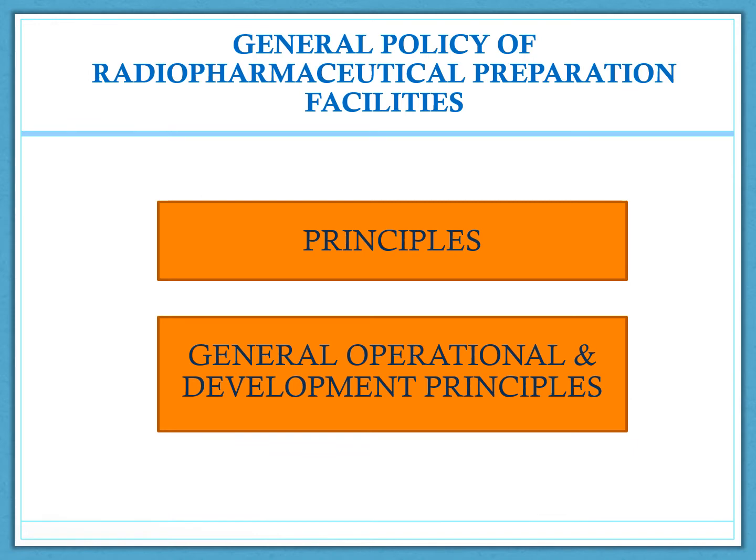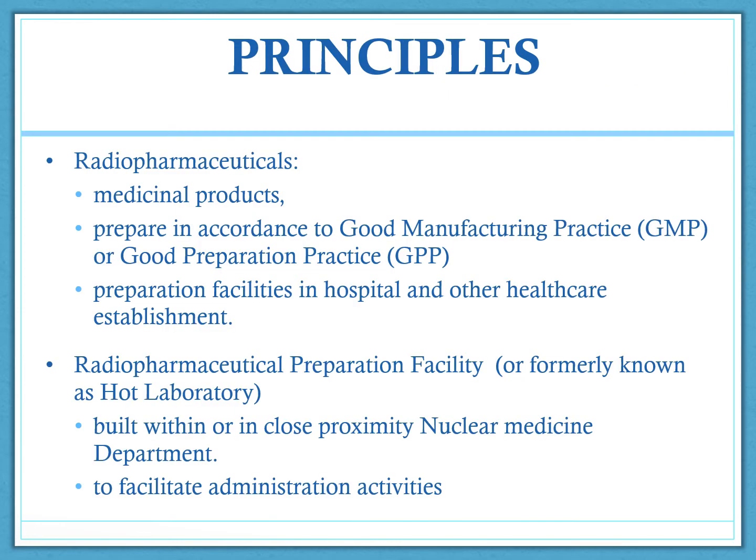The general policy of radiopharmaceutical preparation facilities covers the principles behind it, as well as general operational and development principles. In terms of the principle, radiopharmaceuticals are classified as medicinal products. Thus, they shall be prepared in accordance with good manufacturing practice, GMP, or good preparation practice, including their preparation facilities in hospitals as well as other healthcare establishments.